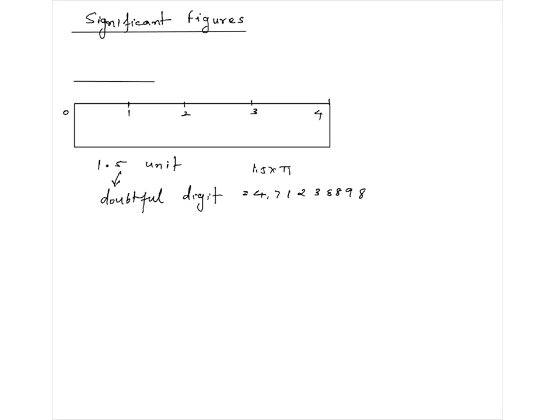If I'm not even sure about this number, on what basis can I give the answer up to so many decimal places?